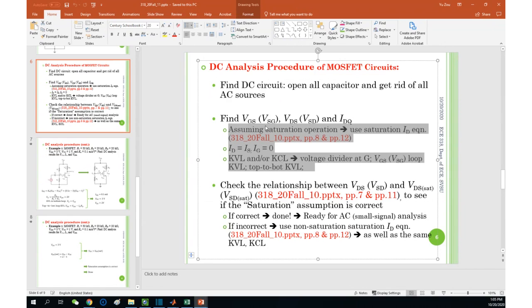How to do that checking? You compare your VDS with the VDS saturation voltage. How to calculate the VDS or VSD saturation voltage? The formulas are available in slides number 10, page 7 and 11, again respectively for N channel and P channel.